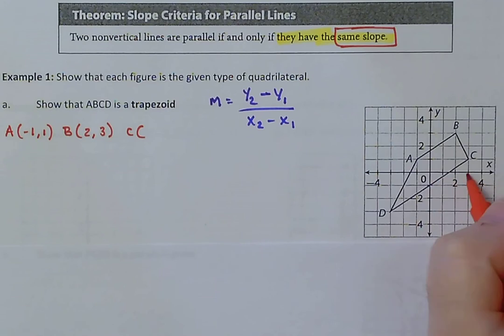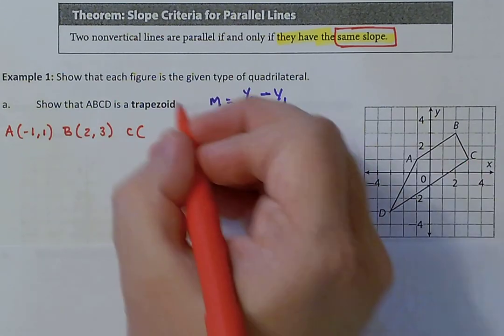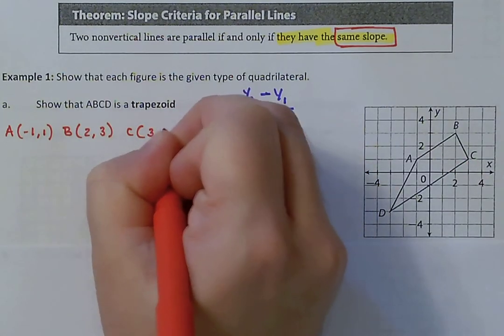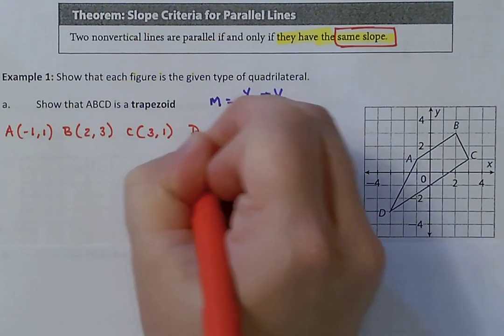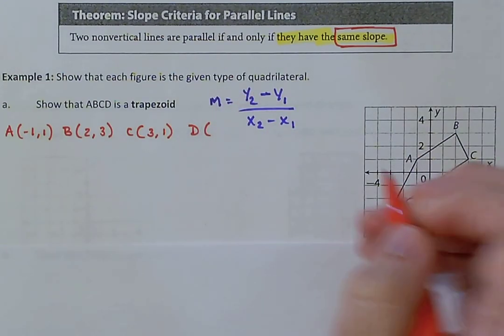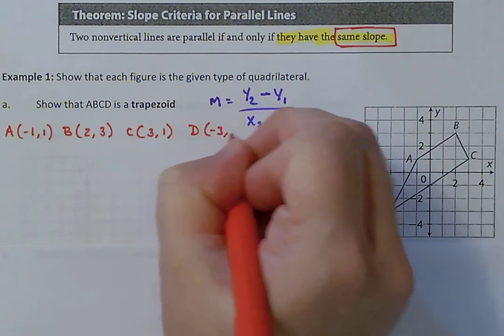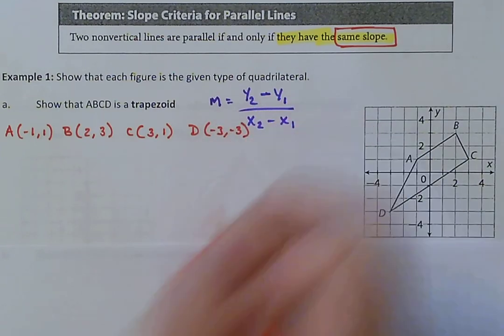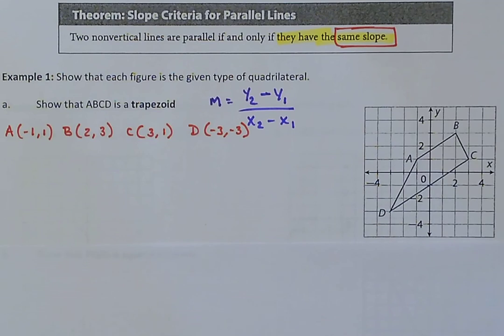C is going to be at 3, 1. And then lastly, D is going to be at negative 3, negative 3. So we have successfully gone through and found all of our coordinate values for the trapezoid.